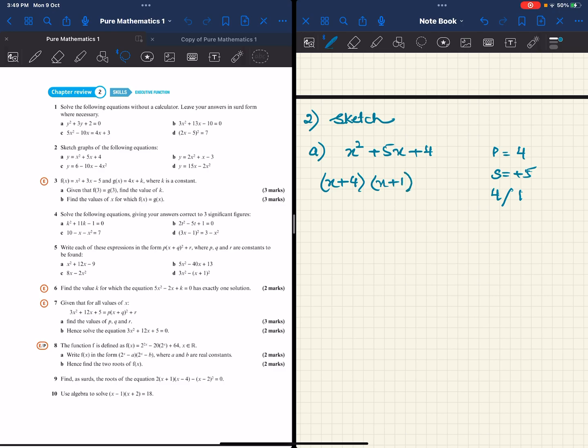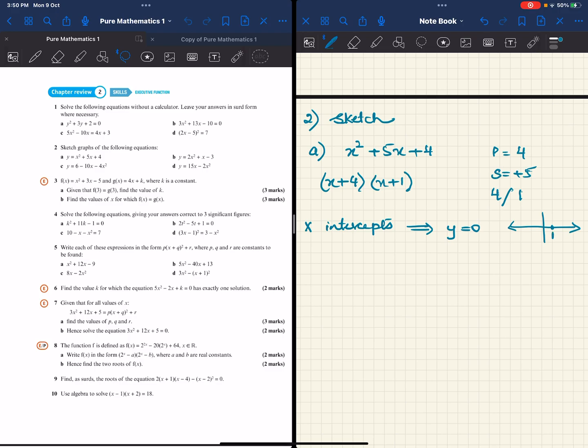We got our factors. Now when we want to sketch the graph, we need to find the x-intercepts, in other words, where the graph cuts the x-axis. In order to find the x-intercept, we need to make sure that we have y equal to 0, because on the x-axis, any y coordinate is 0.